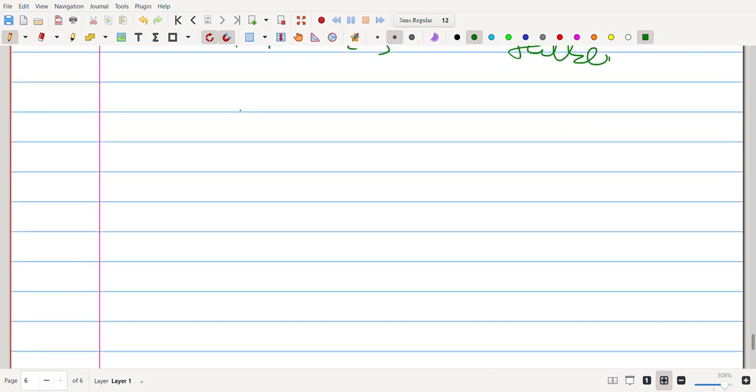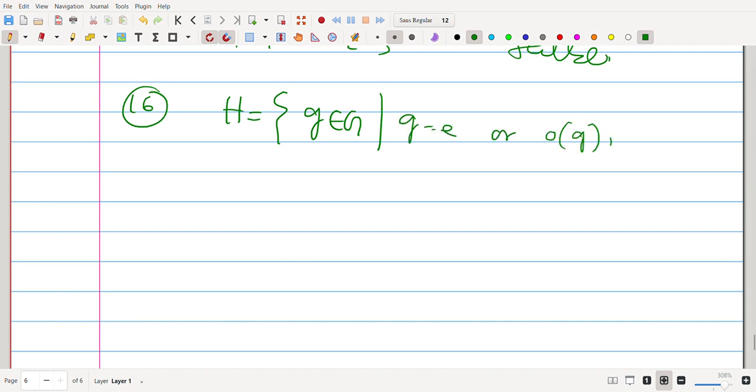Okay, question number 16. Let G be an abelian group with identity element e. Consider the collection H equal to the set of g belonging to G such that g equals identity or order of g is infinite.